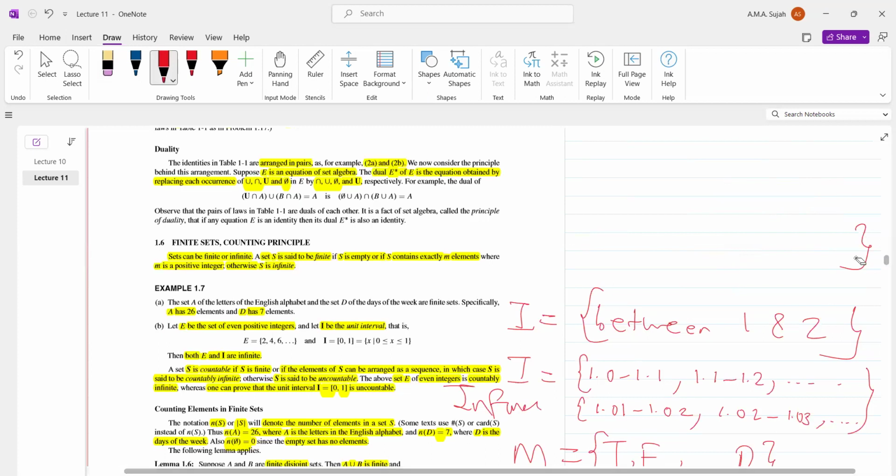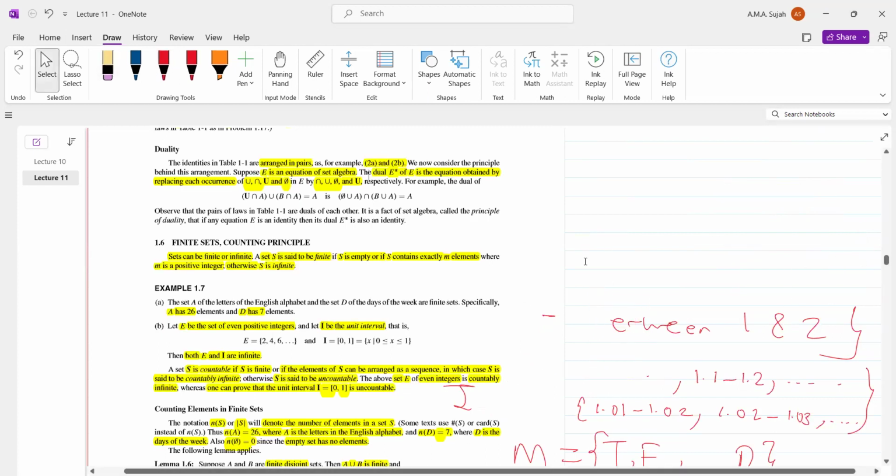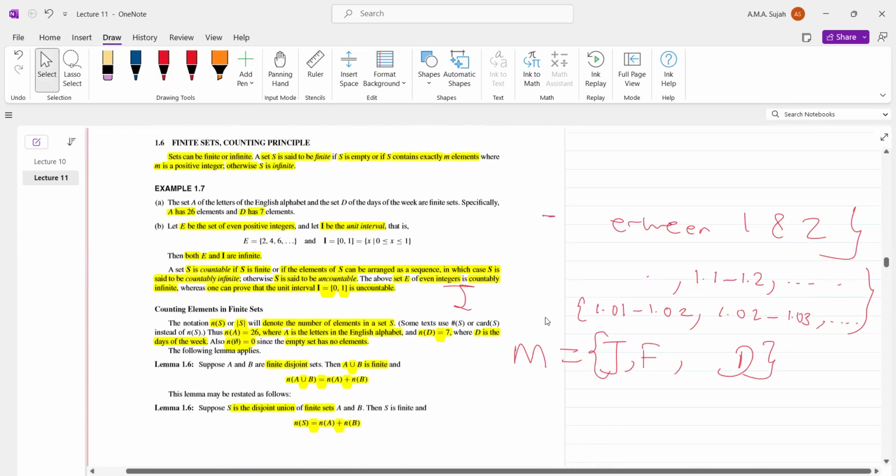So a finite set is either an empty set or has an exactly defined number of elements. If you know exactly how many elements belong to that set, it is a finite set, or if it is an empty set, it is also finite. All other sets are considered infinite sets.